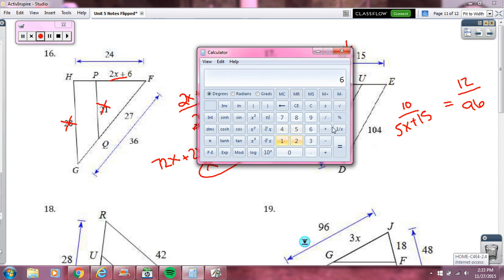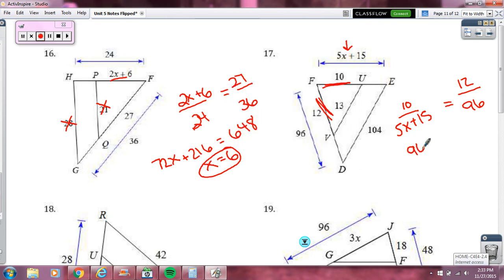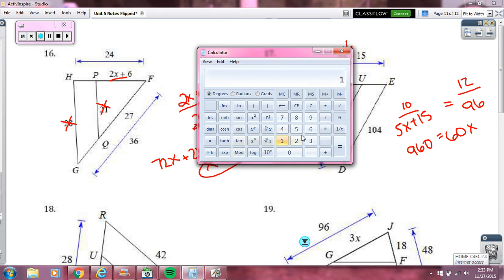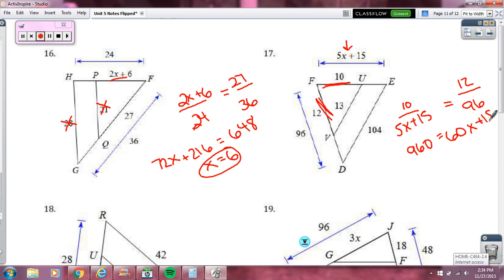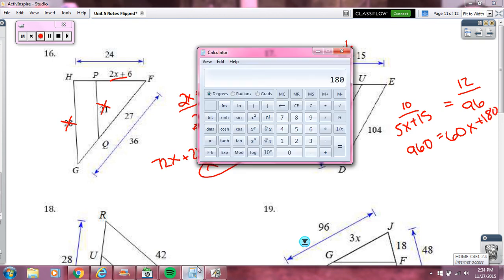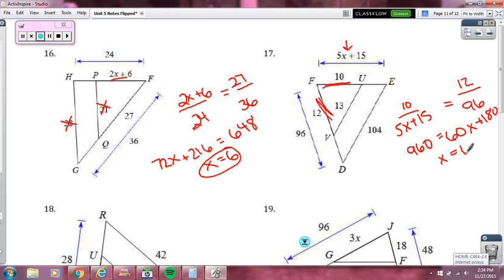So 10 times 96 would be 960. 12 times 5 would be 60x, and then 12 times 15, that one I don't know, 180. Okay, so 960 minus 180, and then divide by 60. So x equals 13. Cool.